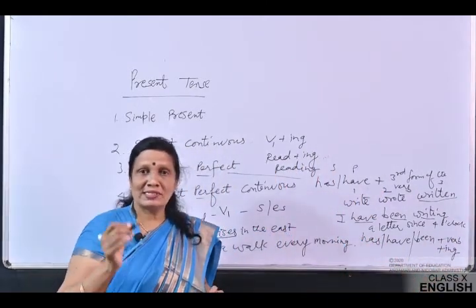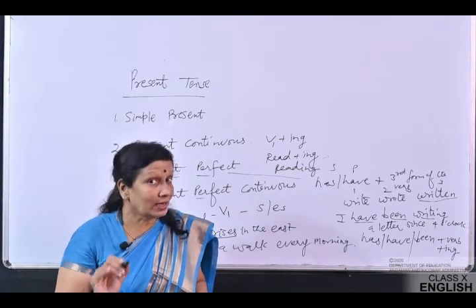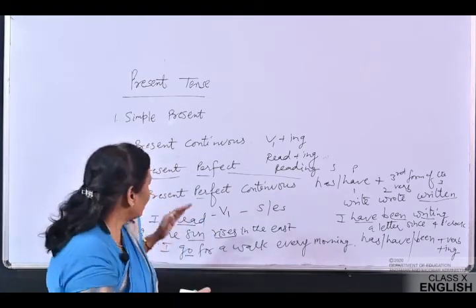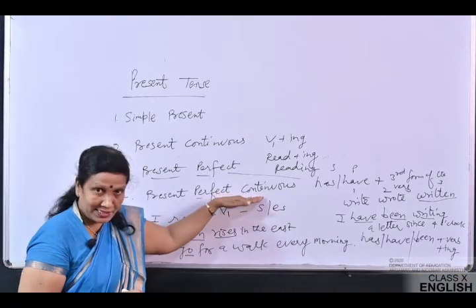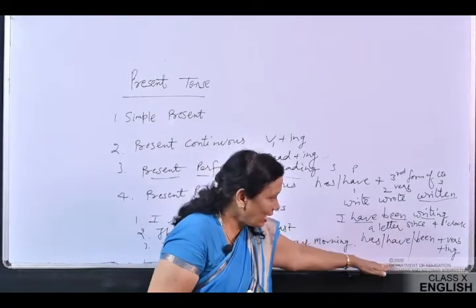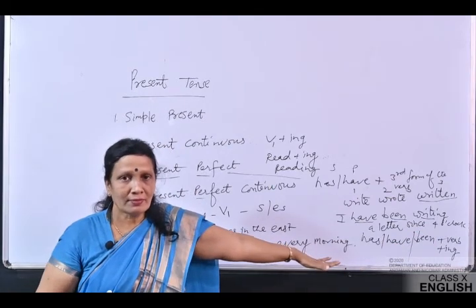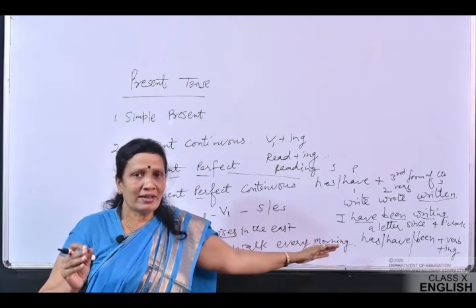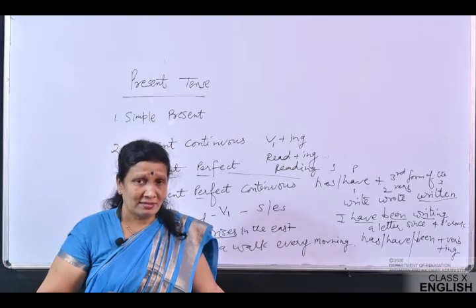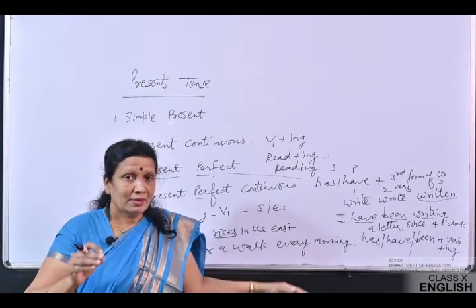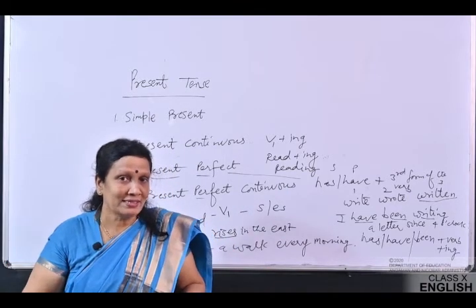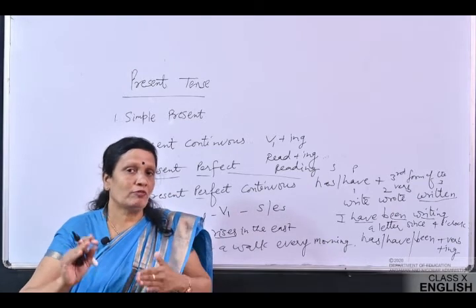All the continuous tenses will have the ing form. So, here present perfect continuous means has or have plus been plus verb plus ing. My friend has been sleeping since evening. He started sleeping and now also he is sleeping. That is a present perfect continuous.